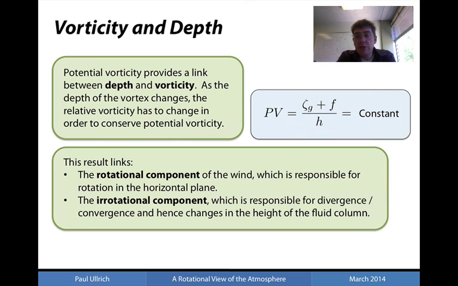All right, so potential vorticity provides a link then between the depth of the fluid column and vorticity. As the depth of the vortex changes, the relative vorticity has to change in order to conserve potential vorticity. So this has a tendency to then link the rotational component of the wind, which is responsible for rotation in the horizontal plane, and the irrotational component, which, if you recall from earlier lectures, is associated with divergence or convergence of air into the fluid column, and hence adjustments in the height of the fluid column.